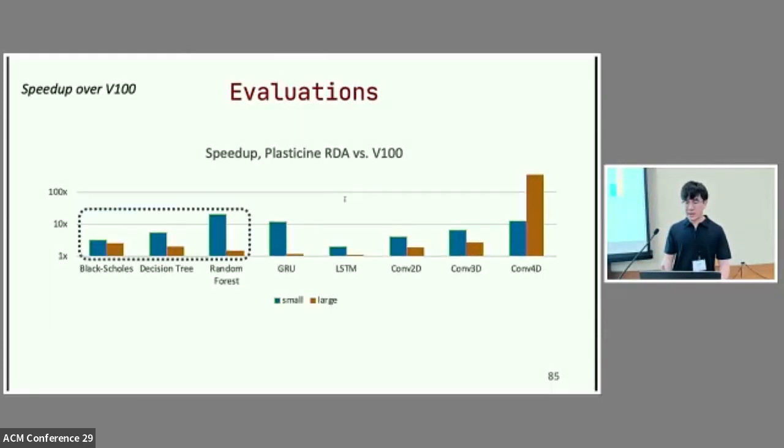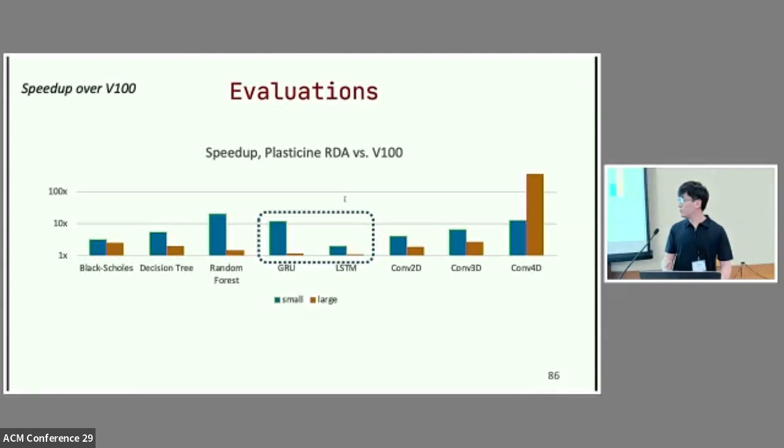First, we show that for dataflow-rich applications such as Black-Scholes, decision tree, and random forest, Plasticine is capable of outperforming the V100 on the small problem setup, and it roughly matches the performance of V100 on the larger setups. This is because with Sigma, we are capable of better utilizing the dataflow-rich nature of the applications and mapping them to a dataflow accelerator such as Plasticine.